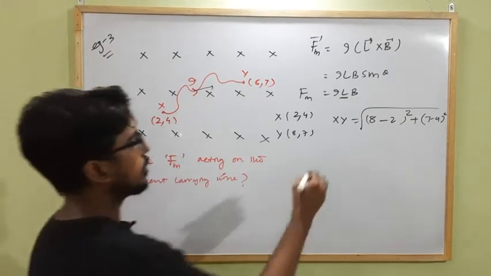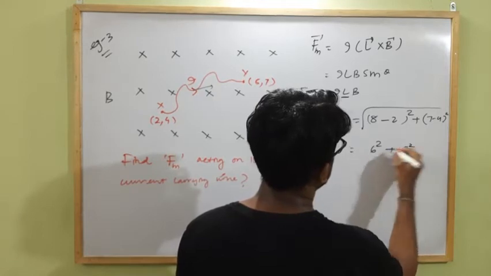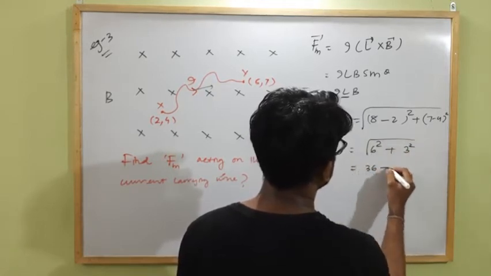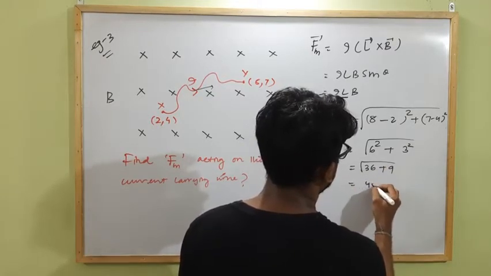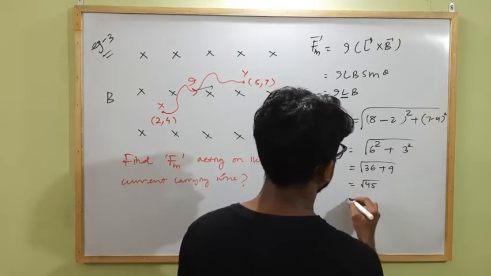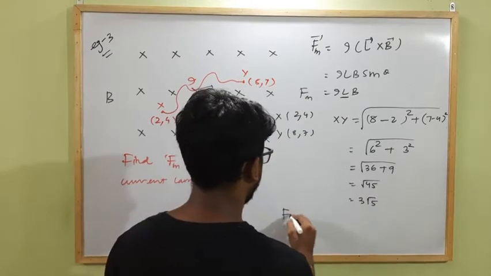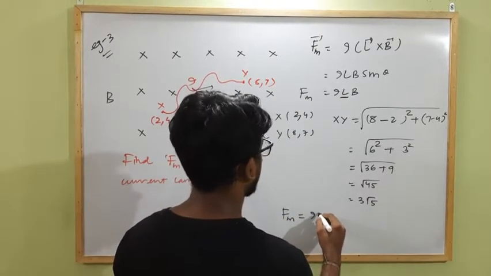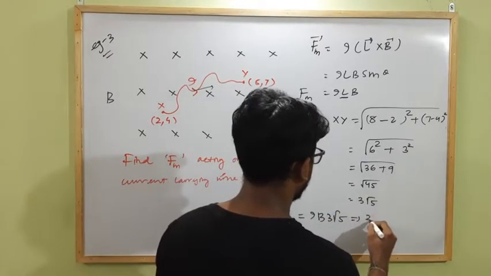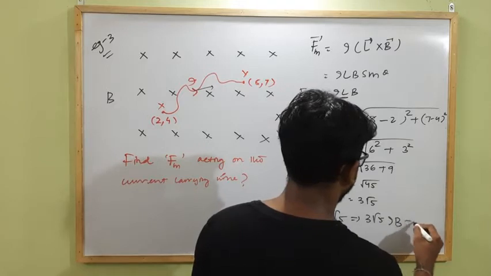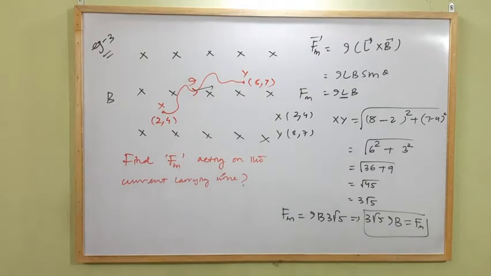Clear? So it becomes the square root of 6 square plus 3 square, so 36 plus 9 under root, which is root 45, so 3 root 5. So what is Fm? I B into 3 root 5, or 3 root 5 I B, will be the net magnetic force acting on this current carrying segment. Clear?